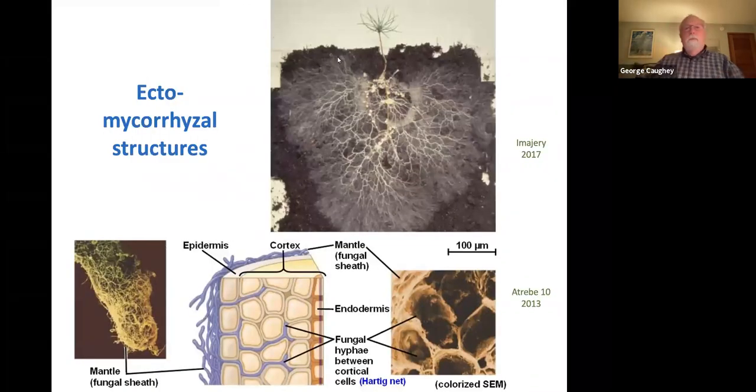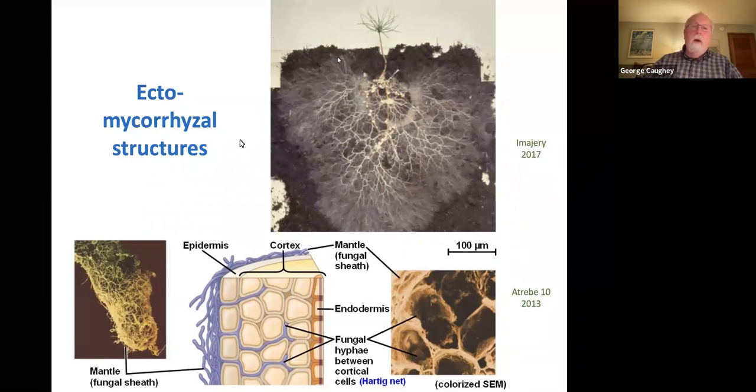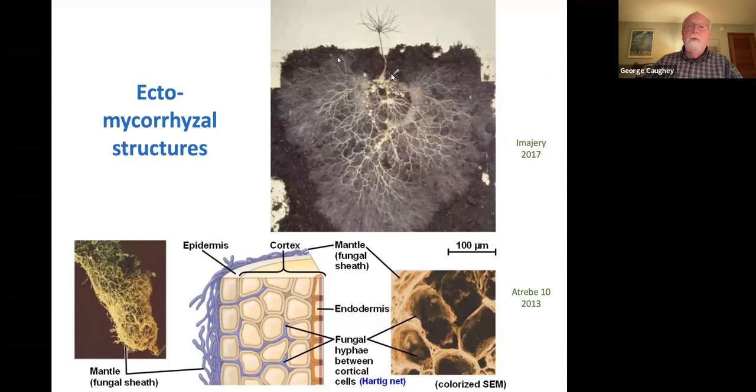So let's look specifically at one type of mycorrhizal structure, the so-called ectomycorrhizal structure. So here's a pine tree, a young pine tree with a little root. You can imagine how big it is. But most of what you can see here is actually an ectomycorrhizal fungus, a mushroom that forms a fruiting body.